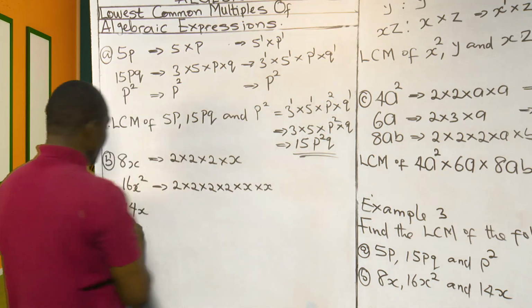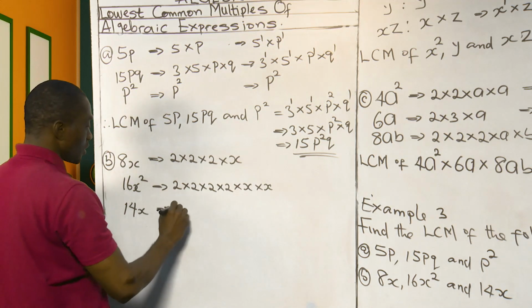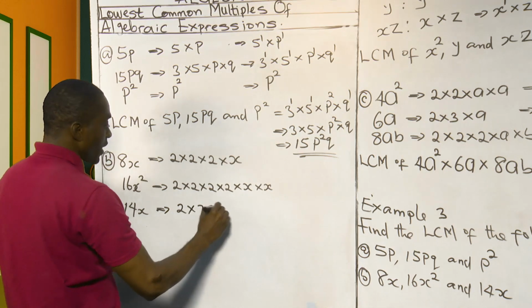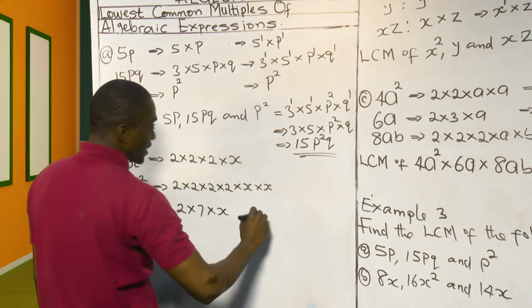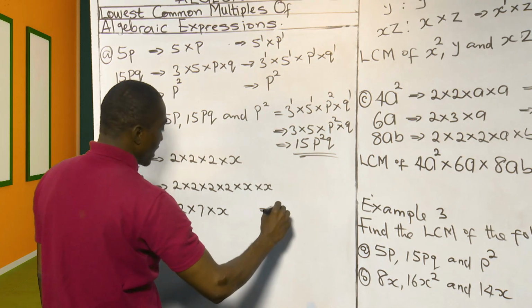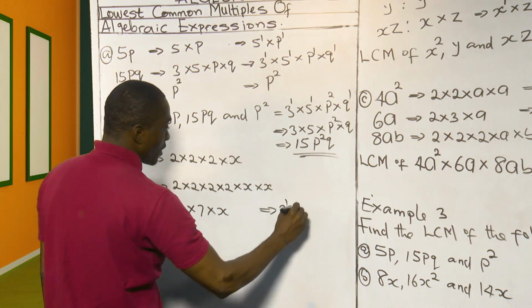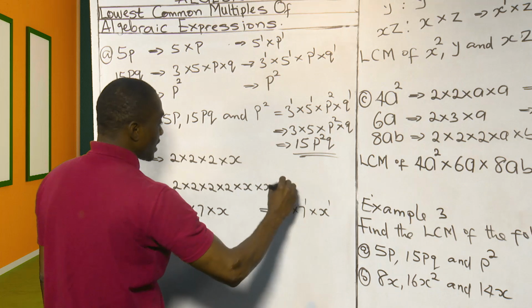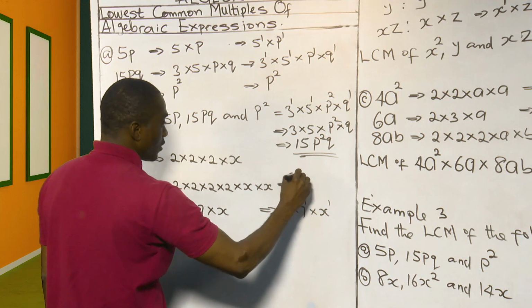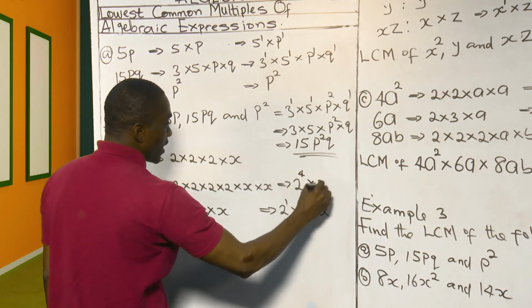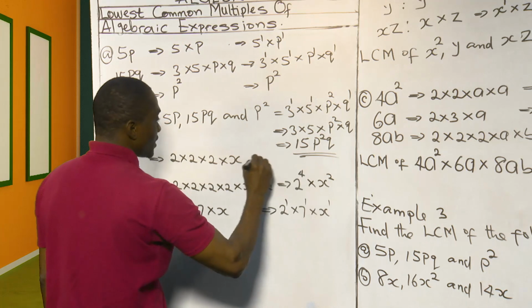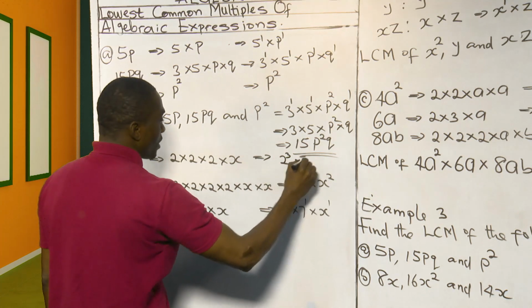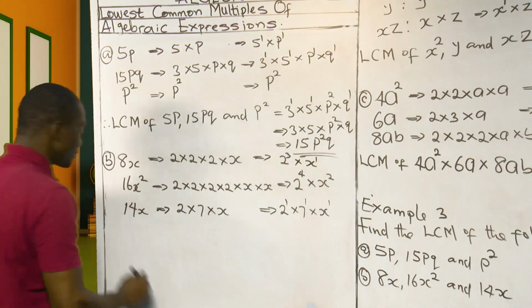14x will give us 2 multiplied by 7 multiplied by x, and this can be expressed in index form as 2 raised to power 1 multiplied by 7 raised to power 1 multiplied by x raised to power 1. 16x squared can be expressed as 2 raised to power 4 multiplied by x raised to power 2, while 8x can be expressed as 2 raised to power 3 multiplied by x raised to power 1.